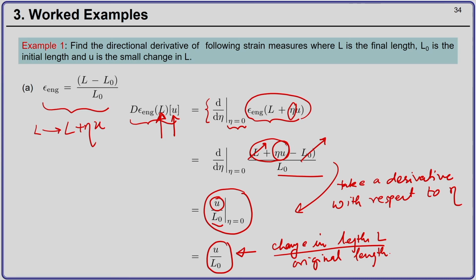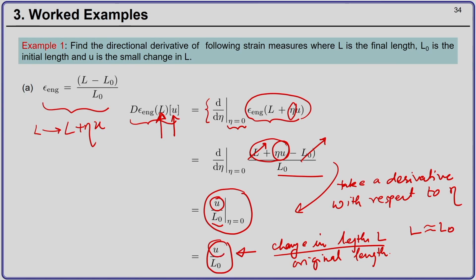Now if L was very close to L 0, if L was nearly equal to L 0, as would happen in an elasticity problem, a small deformation problem, then in that case the directional derivative of this engineering strain is nothing but your usual definition of strain, the true strain that you take, which is change in length divided by original length. That is the true strain that you take.